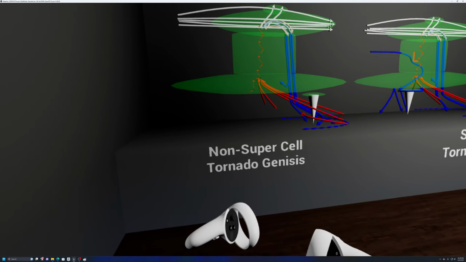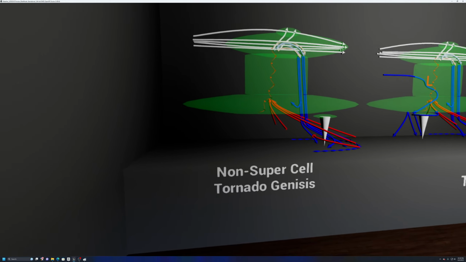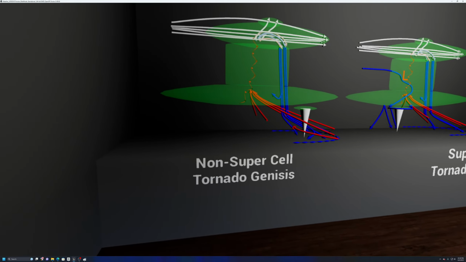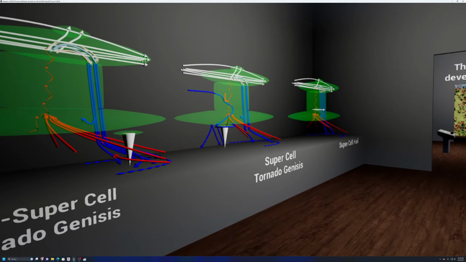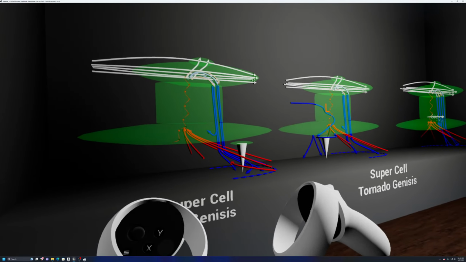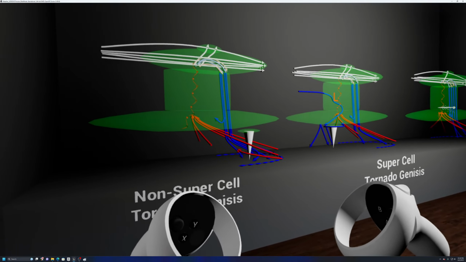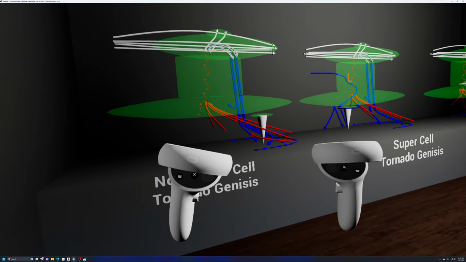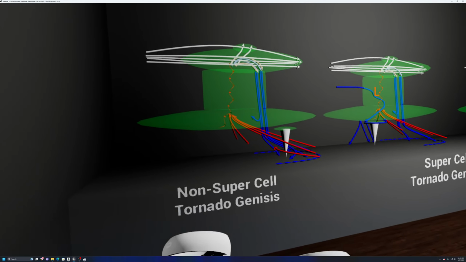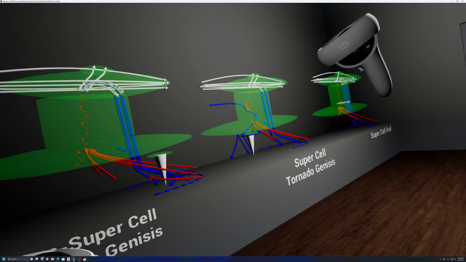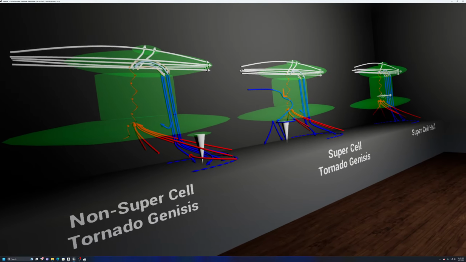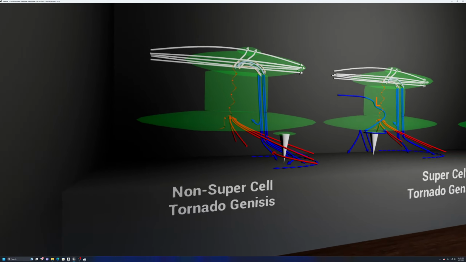And then we talk about non-supercell tornadogenesis, supercell tornadogenesis, and supercell hail, and how all of that is generated and created, the different steps to it, and what we need to have in order to have a supercell versus a non-supercell.